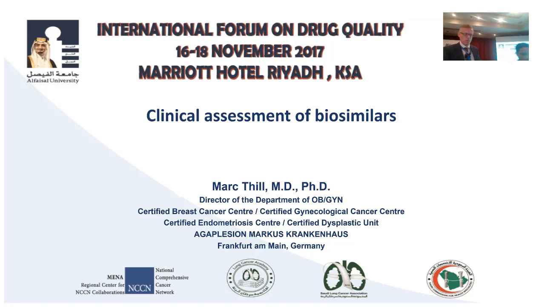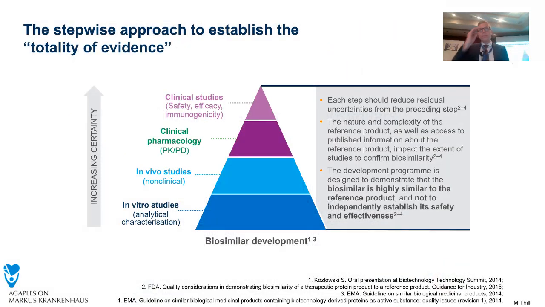We'll continue now the talks about biosimilars, and as Paul mentioned already, I will give a talk about the clinical assessment of biosimilars. So this illustration you may know, and it was shown already several times.